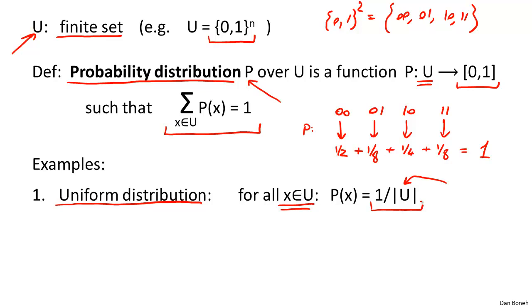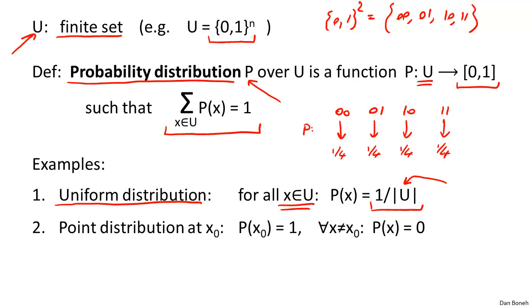So in particular, if we look at our example, the uniform distribution on the set of 2-bit strings would simply assign the weight 1/4 to each one of these strings. And clearly, the sum of all the weights sums up to 1. What this means is that if I sample at random from this distribution, I'll get a uniform sample across all 2-bit strings. So all of these 4 strings are equally likely to be sampled by this distribution.